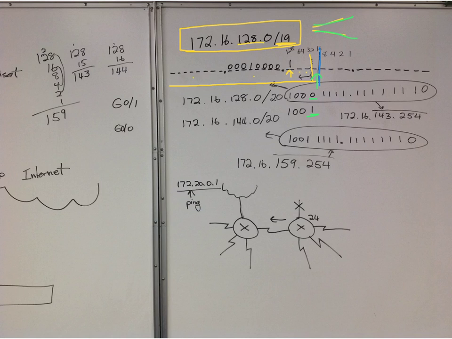Okay. So the first network, I'll make it blue here, is this one when that bit's a 0, and then they want the last address, so then that is why all of those are 1s, and you can't have a 1 there because that would be a broadcast.